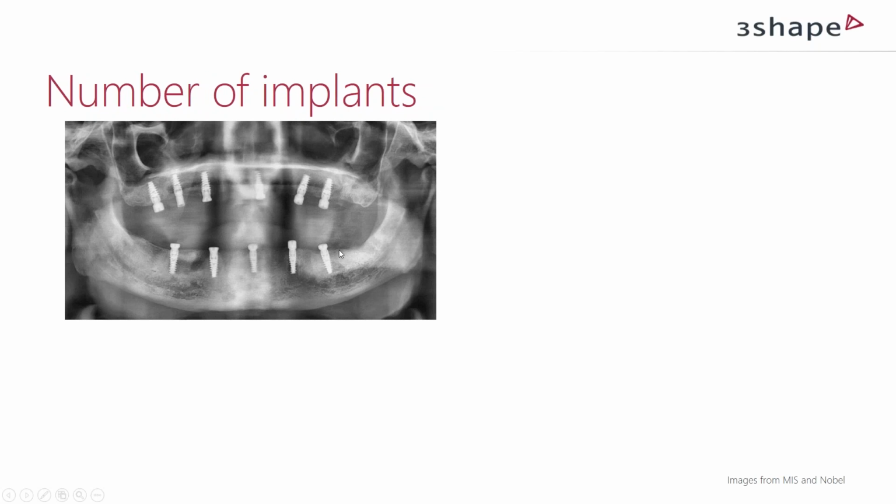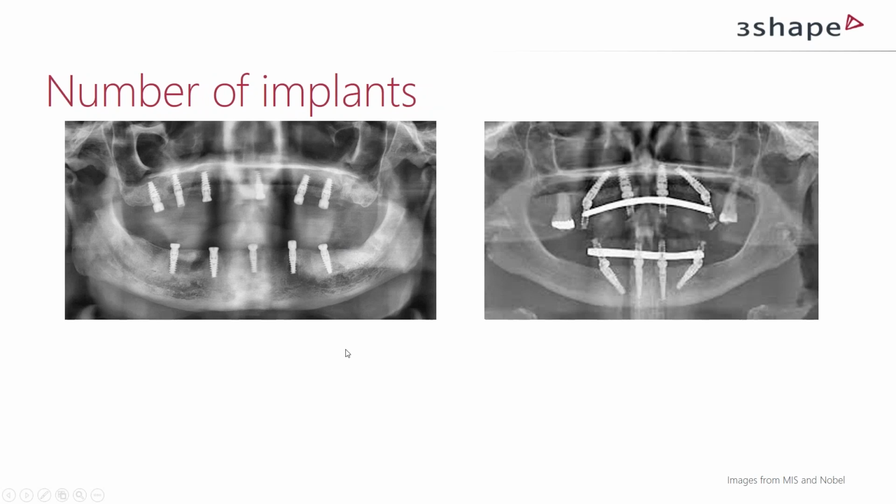So let me show you this. We have the same picture again. Here we have only 4 implants trying to cover the same area, and when we place them angulated, there can be other problems.